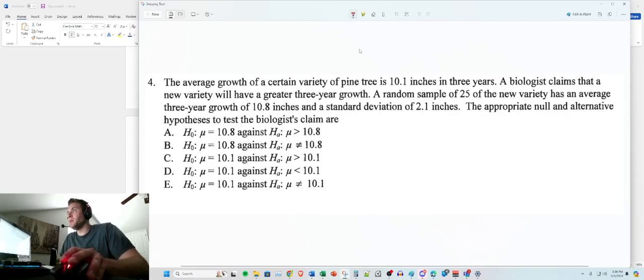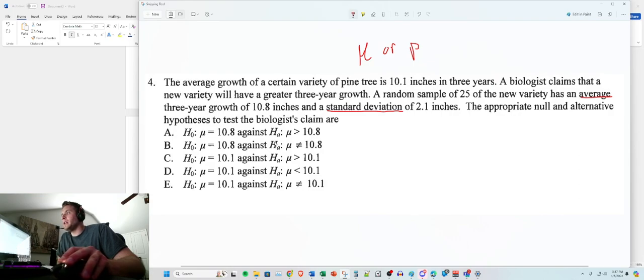We also notice that it's mu because we see the word average, and we see the words standard deviation here. So with all that we've done with confidence intervals and sampling distributions, we know how to differentiate between whether it's mu or p.